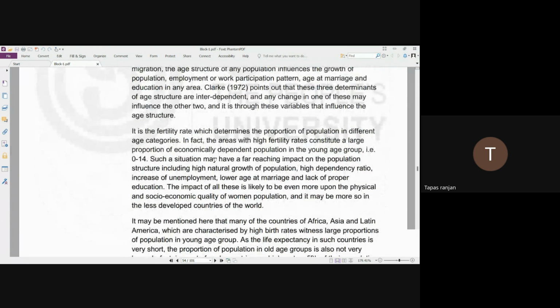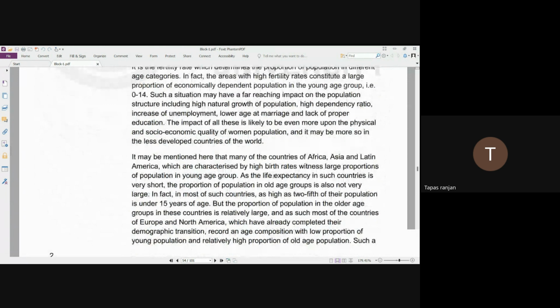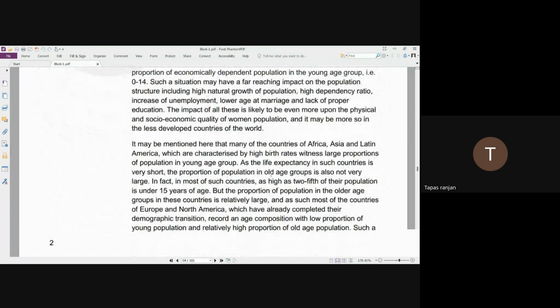And you have how fertility rate determines the population, then how mortality rate also determines the age composition. That can be easily understood. If there is high fertility, definitely the young population will be high, and if there is a high mortality rate, definitely the old age population will be low.